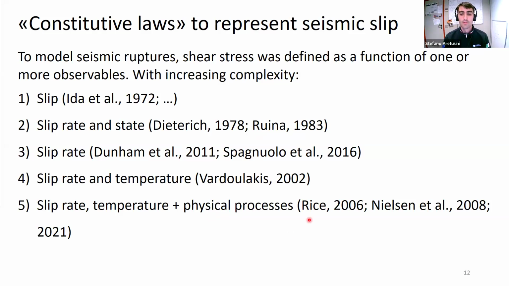For example, the paper from Rice with flash heating and thermal pressurization, or the papers from Nielsen with frictional melting, thermal decomposition and flash heating.